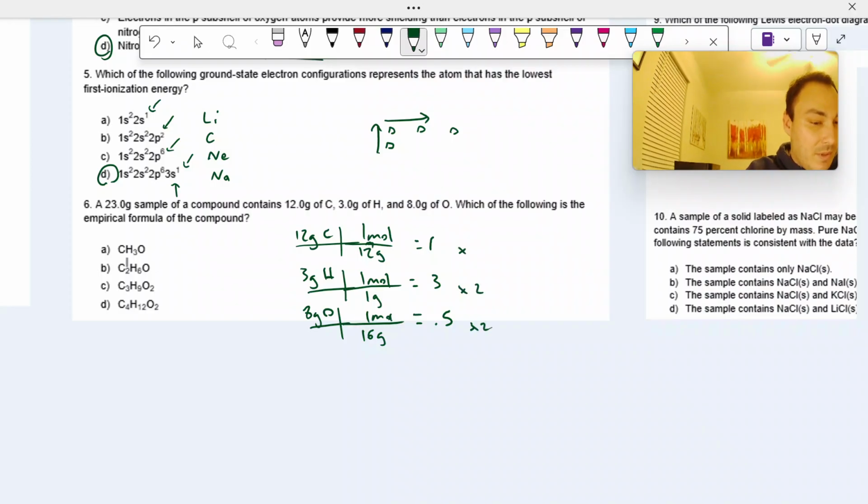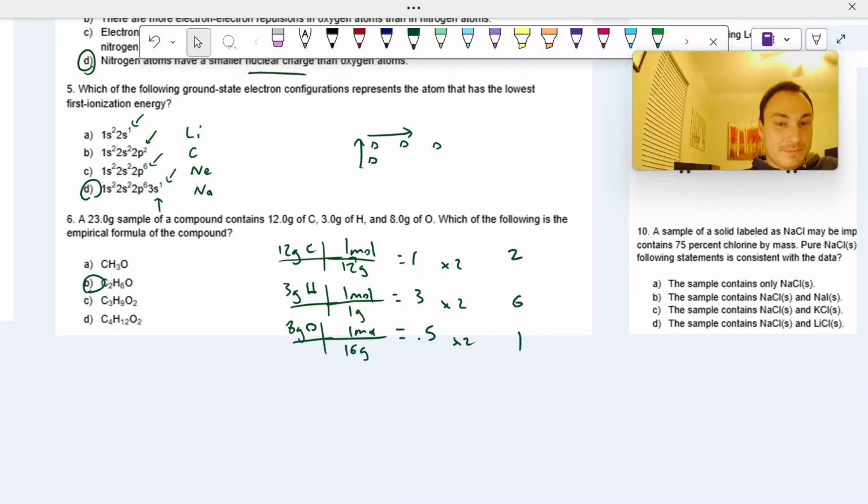And we get 2, 6, and 1. And that is the empirical formula. So 2 carbons, 6 hydrogens, 1 oxygen. It's that one. It is B.